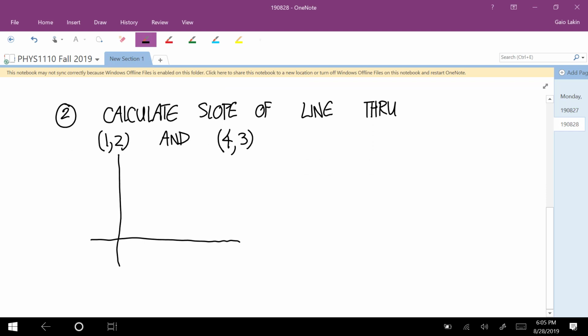So if I plot these two points, if this is x and this is y, the point 1, 2 is somewhere around there. You go 1 along the x-axis and 2 up the y-axis. And the point 4, 3 is somewhere like here. And so we're talking about calculating the slope of the line between those two points.